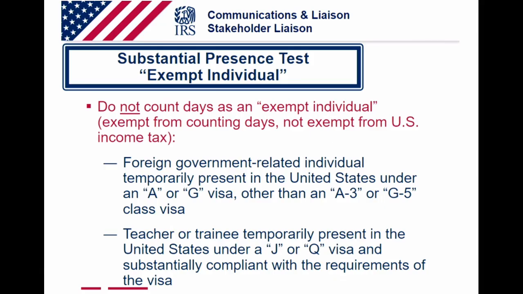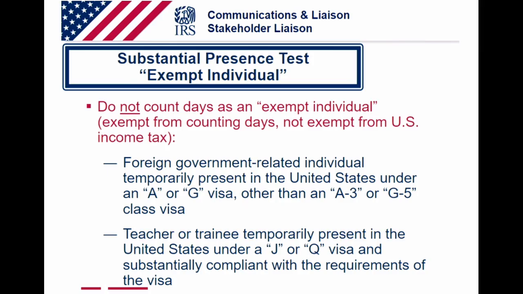Unmarried children are included only if they are under 21 years of age, they reside regularly in the exempt individual's household, and they are not a member of another household. And other exempt individuals include a teacher or a trainee temporarily present in the United States under a J or Q visa who substantially complies with the requirements of the visa.